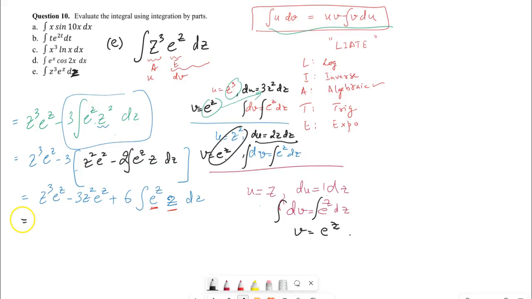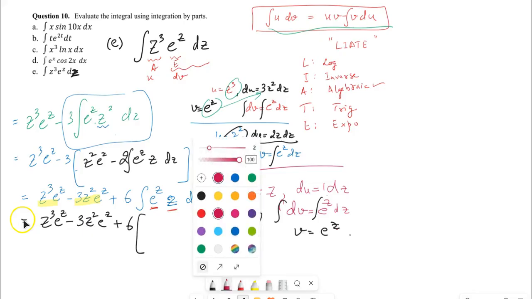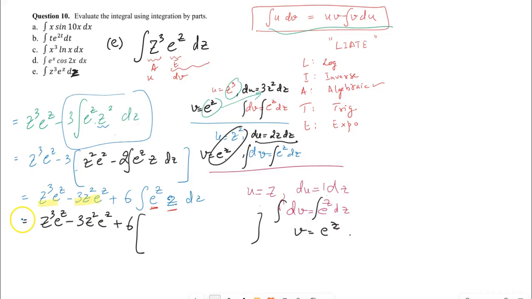So let's write that. Don't change anything about the first two terms, they are the same. z cubed e^z minus 3z squared e^z plus 6, uv, z e^z minus integral v du. v is e^z, du now is 1, so that's just dz.